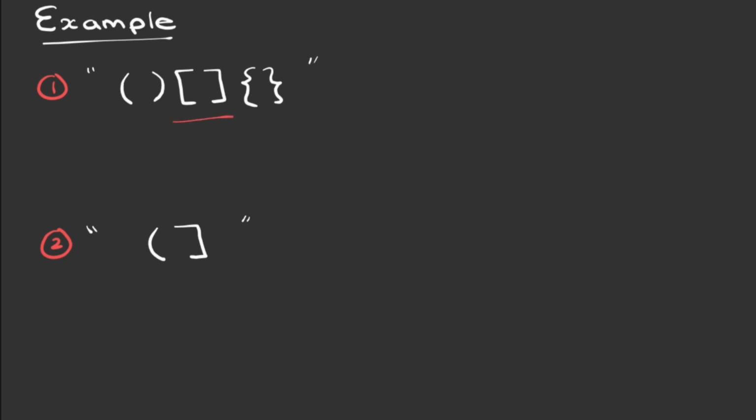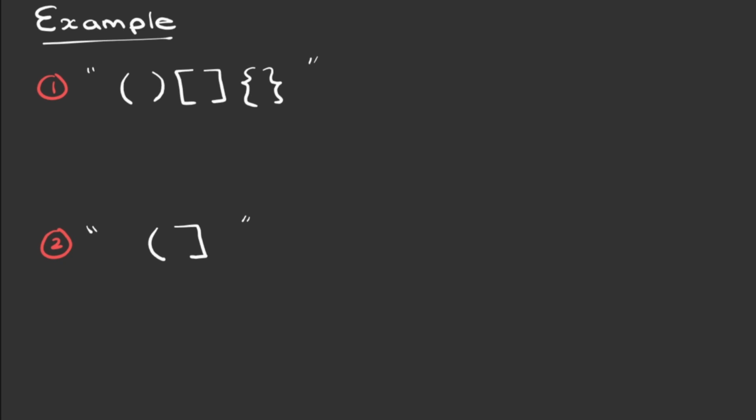So this part of the input string is also valid. Finally, we have an opening curly bracket, and that's also closed by a closing curly bracket. So the rest of the string is also valid.